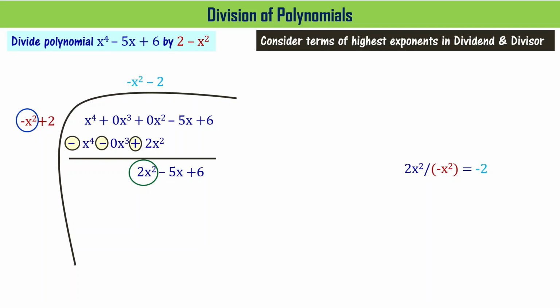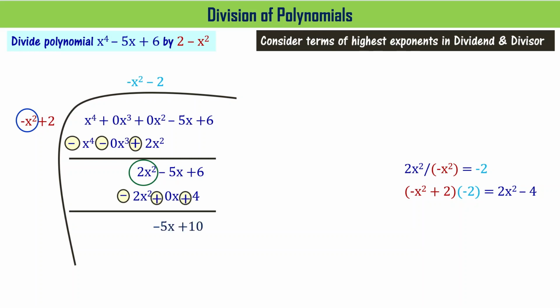And now multiply the divisor with minus 2 and subtract that from the previous expression. When you subtract, you get minus 5x plus 10 as the answer. Here, if you observe, minus 5x has got degree 1, whereas the degree of the divisor is 2. That's why we stop the division process here and say that minus 5x plus 10 is the remainder.